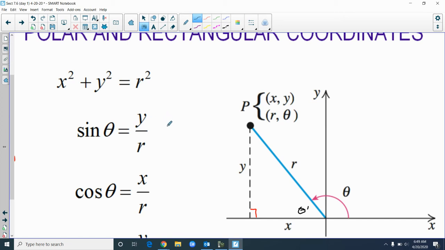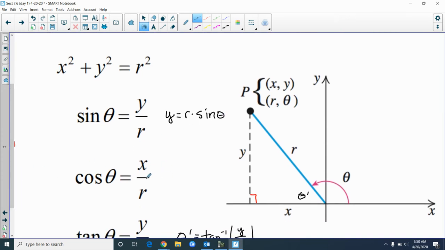If you solve this for y, y equals r times sine of theta. And for cosine of theta equals x over r, solving for x gives r times cosine of theta. And r is going to equal the square root of x squared plus y squared.